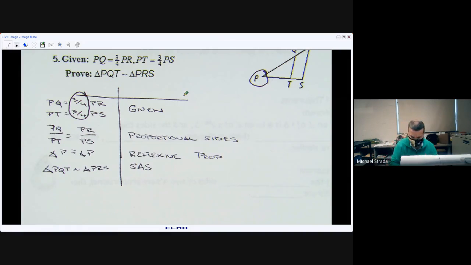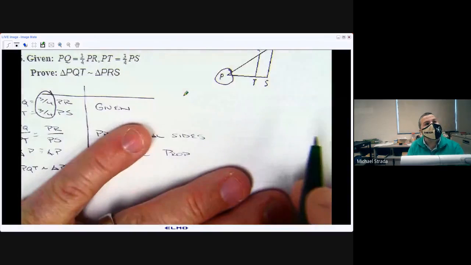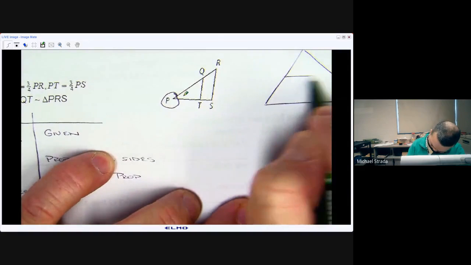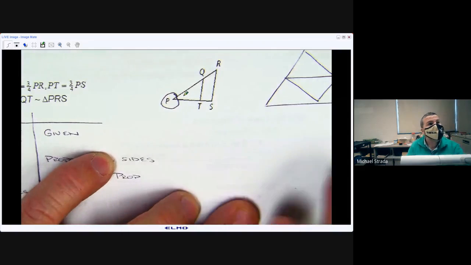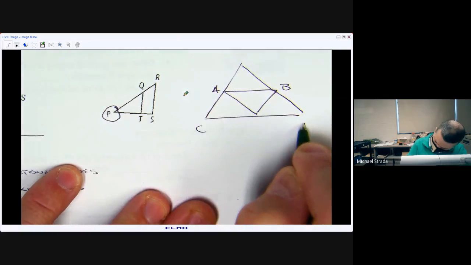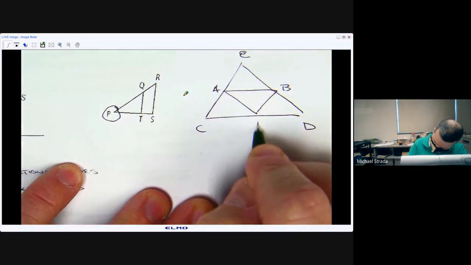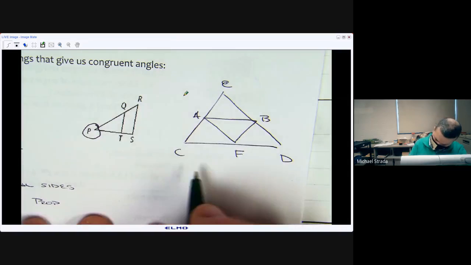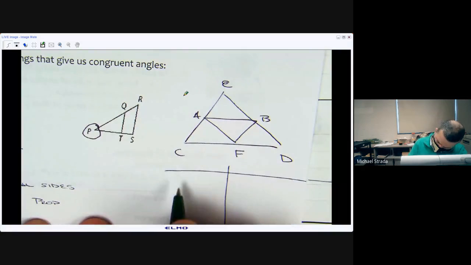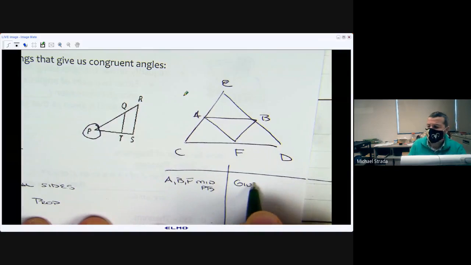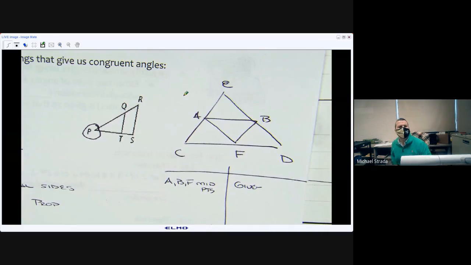If you use mid-segment, because this isn't the proof in the homework, I'm going to make that AB, that CD, that E, and that F. A, B, F, or midpoints would be given to you.